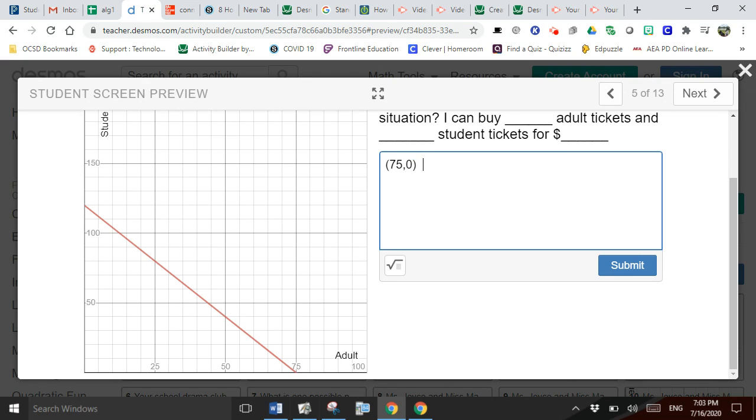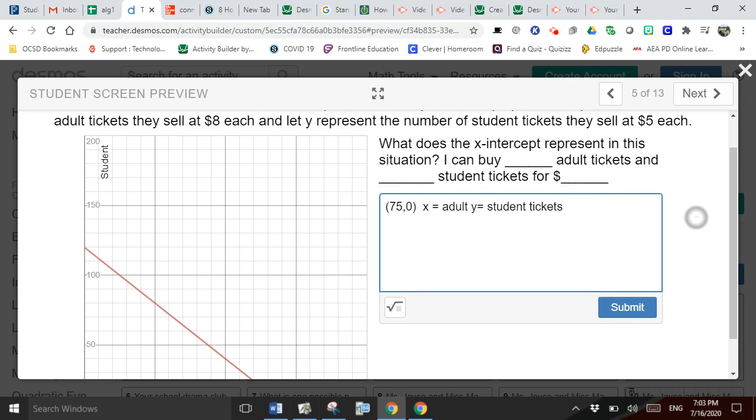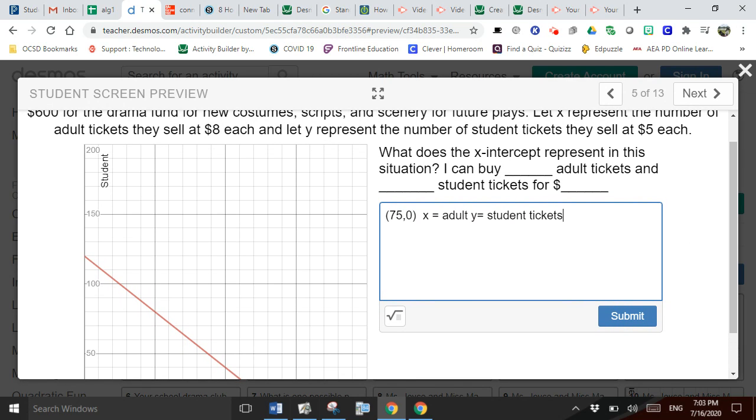And I also know that x was the adult tickets and y was the student tickets. So if I look at this, I can buy 75 adult tickets and 0 student tickets. And my total cost is still going to be $600 because it's lying on that line.